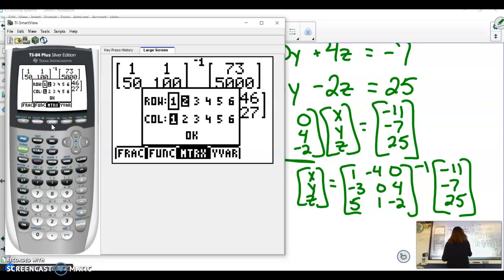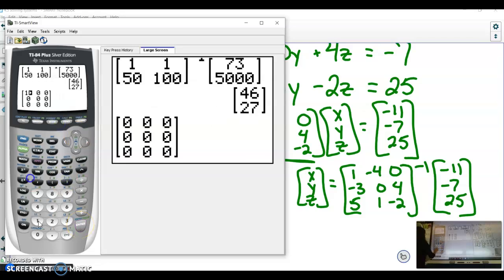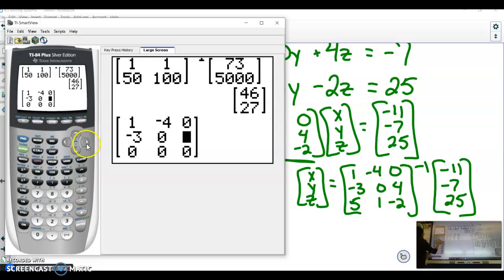So once again, I just grab my calculator and we do alpha zoom. And this time I need a 3 by 3. And then I type it in, so 1, negative 4, 0, and then negative 3, 0, 4, and then 5, 1, negative 2.